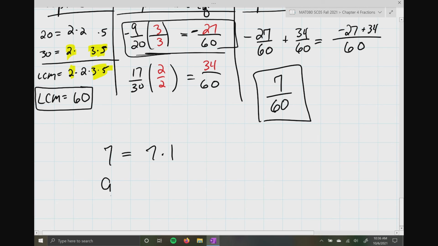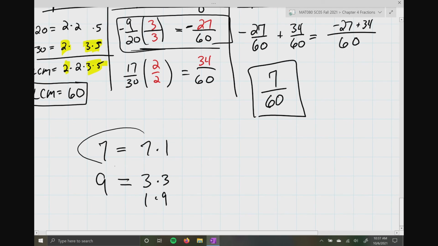Now, how about the number 9? Give me two numbers that multiply to get 9. 3 and 3. All right, but why didn't you say 1 times 9? See, there's the difference. A prime number will only have the factors 1 and the number itself. 9 is a composite number, which means there are multiple sets of factors.